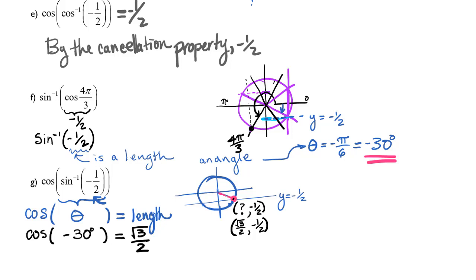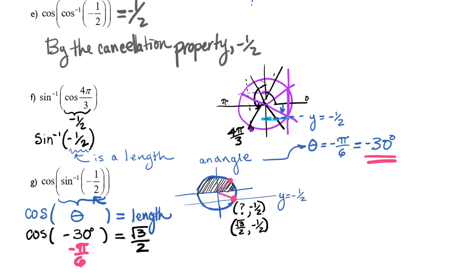Now, I've calculated all these values in the fourth quadrant, but remember that cosine only exists between 0 and pi. So what is the equivalent output for the cosine function? Well, that just means that whatever we had down here is actually not an angle of negative pi over 6.